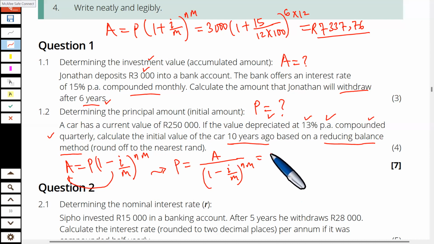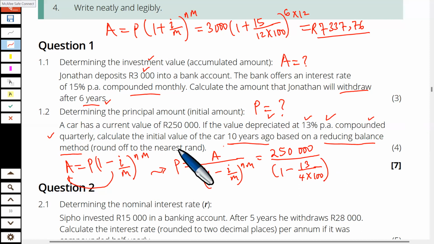So obviously we agree, therefore, that the actual value is 250,000 into 1 minus the 13%, divided by, okay, it's compounded quarterly, so it's 4 quarters in a year times 100.